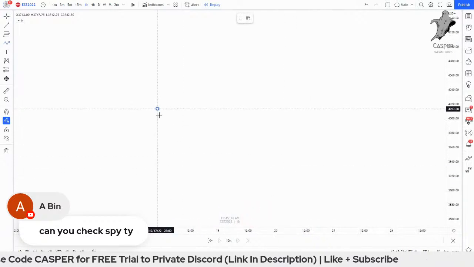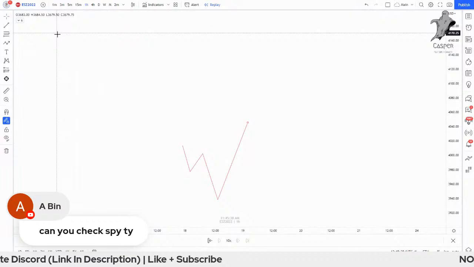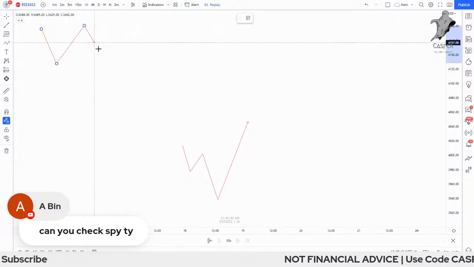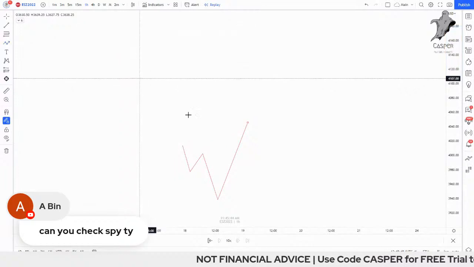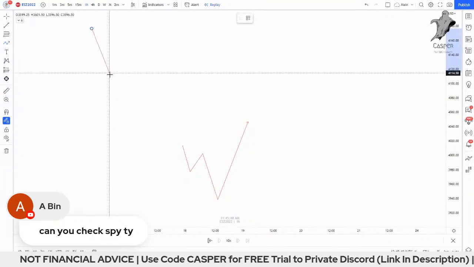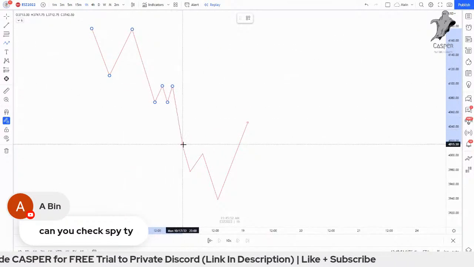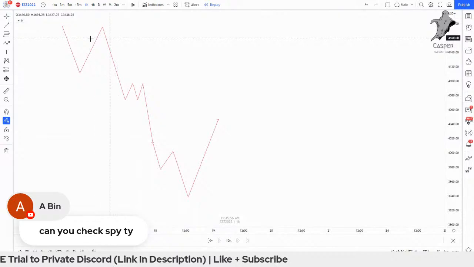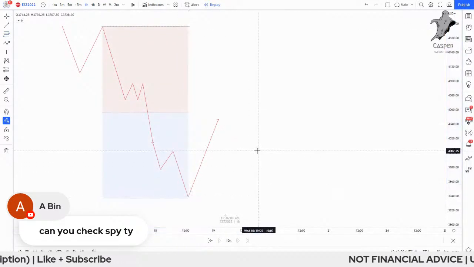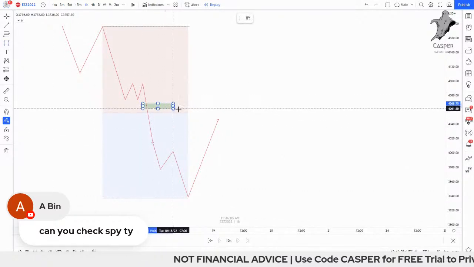So for instance, when we see a market structure shift to tell us that, let's just say, okay, I drew that kind of badly. Should have started from the top. So let's just say that, and bear with me, my drawing skills. Let's just say there's a fair value gap right here.